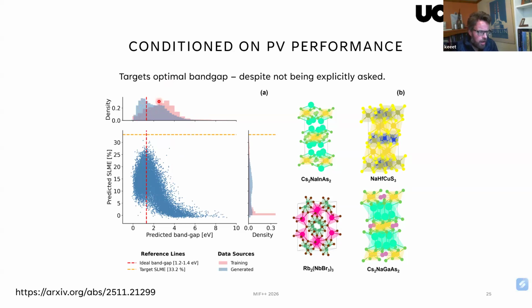So we're getting these higher SLME materials, and we've actually taken some of these forward and done DFT on them, hybrid DFT, so relatively accurate electronic structures, and confirmed that these are indeed high SLME materials. And there's a number of new materials that previously haven't been looked at as photovoltaics, which we think could be kind of interesting coming from that study.